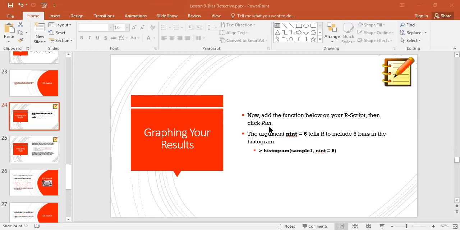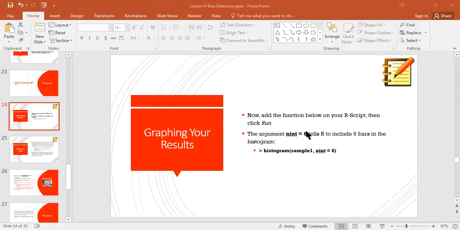So we can write a histogram code and tell RStudio the number of bins that we want, the number of bars that we want. And because of that, if I say I want 6 bars, then it will make 1 bar per number, right? So in the histogram function, we can add the argument of number of intervals, N-I-N-T, and we can tell it we want it to equal 6.